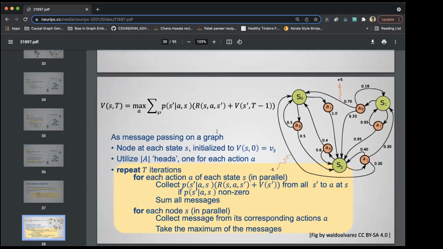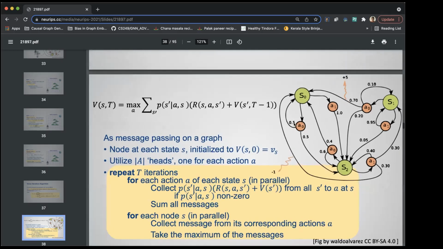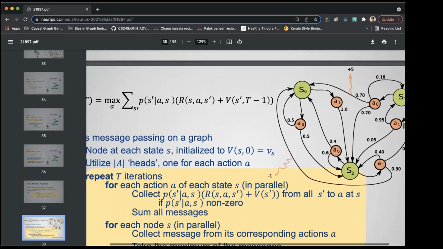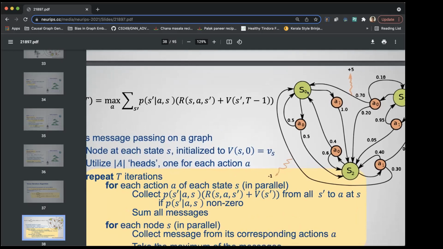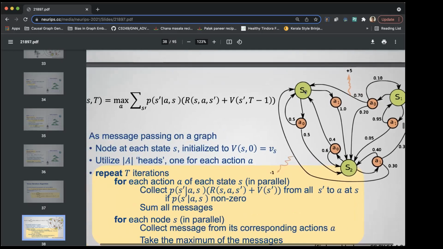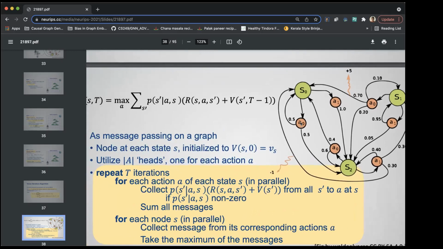We can look at this as message passing on a graph, namely the transition graph that we had seen previously. For a node at each state s initialized to this initial state, we're going to utilize A heads, one for each action a. So let's take S0 again as our example, and look at each action corresponding to the state.